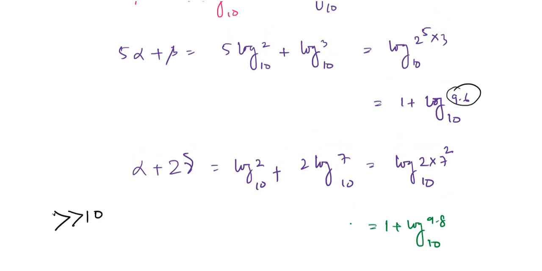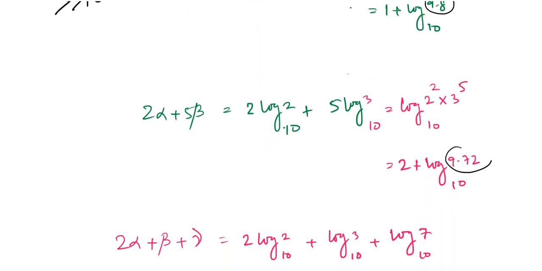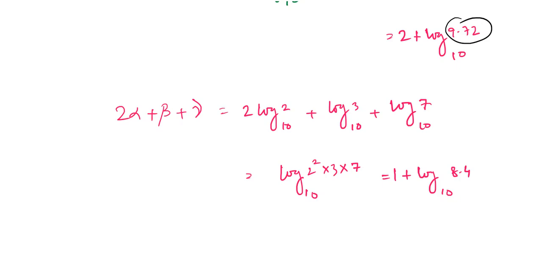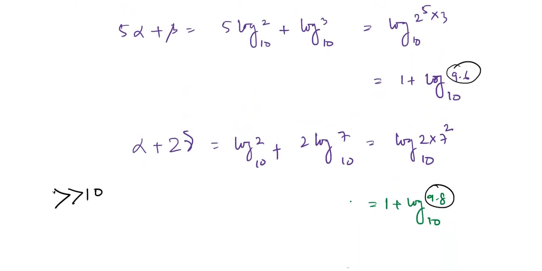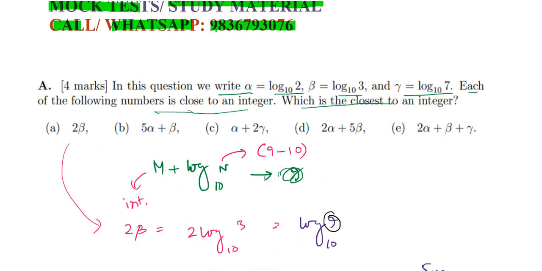So 9, 9.6, 9.8, 9.72 or 8.4. Here the closest is 9.8. Which option is this? This is option C, alpha plus 2 gamma. So option C will be the correct answer for that question.